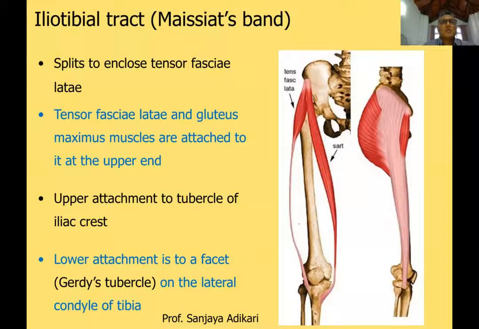Then a few points about the iliotibial tract, also called Maissiat's band, or something, you call it another name. The first thing is that it splits to enclose the tensor fasciae latae muscle here, and it is attached to the iliac tubercle there, and the tensor fasciae latae itself and the gluteus maximus are inserted to the iliotibial tract.